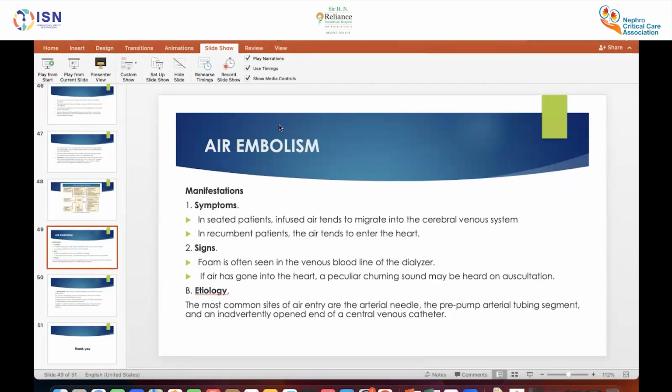Right, sir. Yes, sir. So what you are doing at this moment is basically that if the air goes inside, then it goes into the pulmonary circulation and causes blockage in the pulmonary artery, and it goes into the periphery.